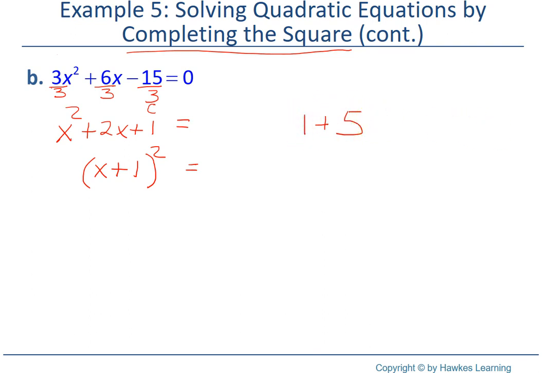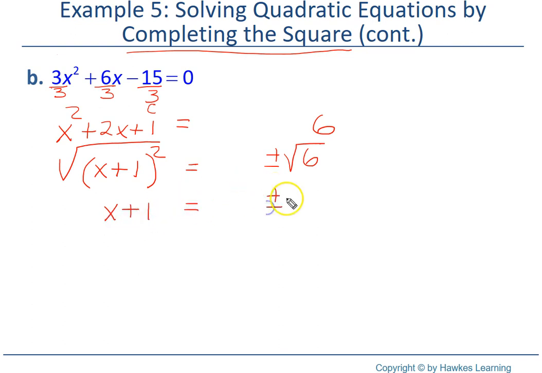So this is going to be 1 plus 5 is 6. So with my magic eraser here, I'll make this side now a 6. So it was a 5. I added a 1 now to both sides. Now it's a 6. So I'm going to take the square root of this, and then plus or minus the square root of 6, and now I get x plus 1 equals plus or minus the square root of 6.